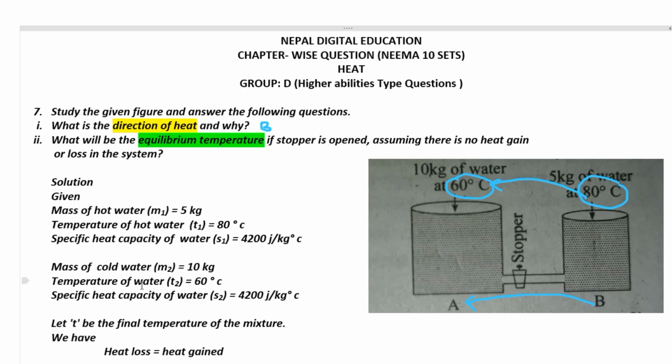Here it is also related to the principle of calorimetry, because the higher temperature water loses heat and the lower temperature cold water gains heat. So we have heat loss equal to heat gain. So heat lost by hot water equals heat gained by cold water.